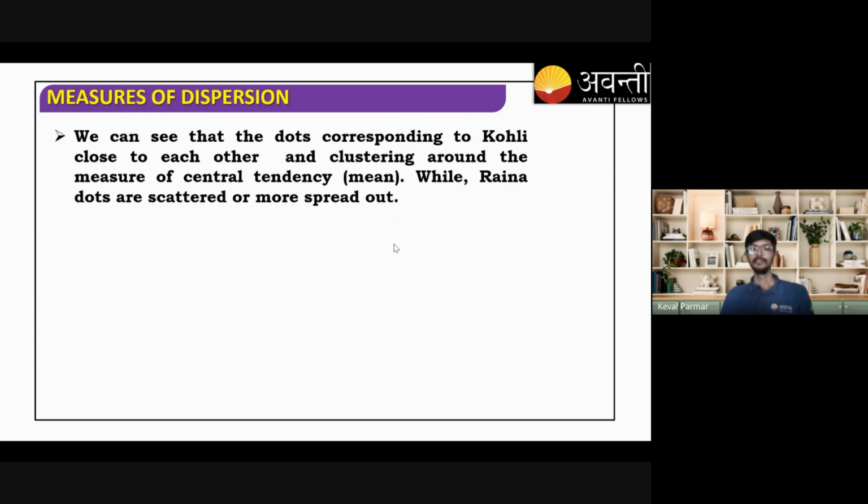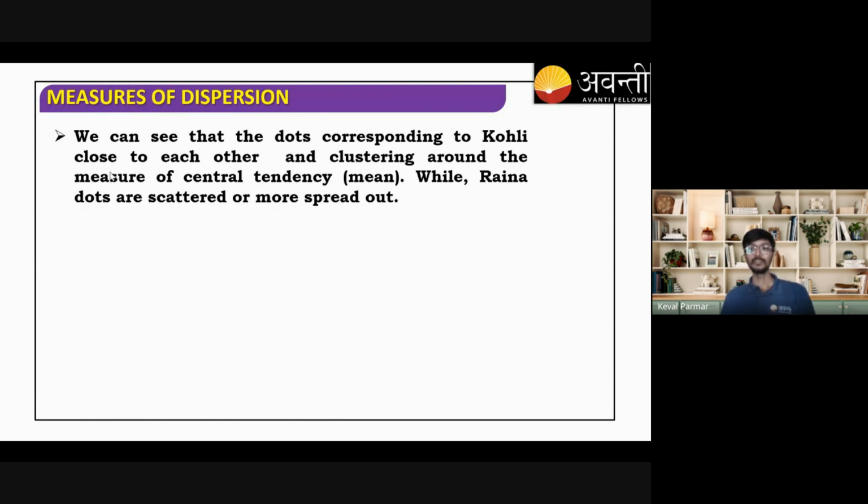You can read this. I've already explained the basics which we have to do. Let us read together. The dots corresponding to Kohli are closer, or clustered around 50 or 60, which is the mean.